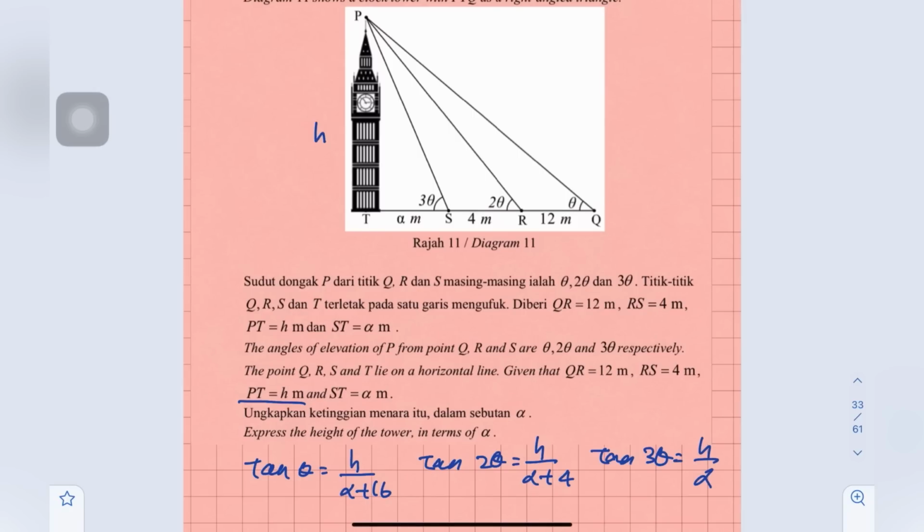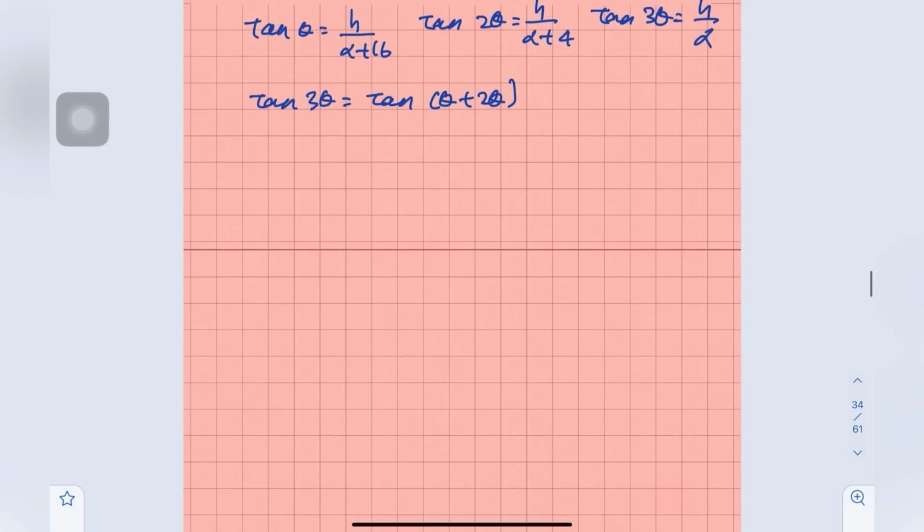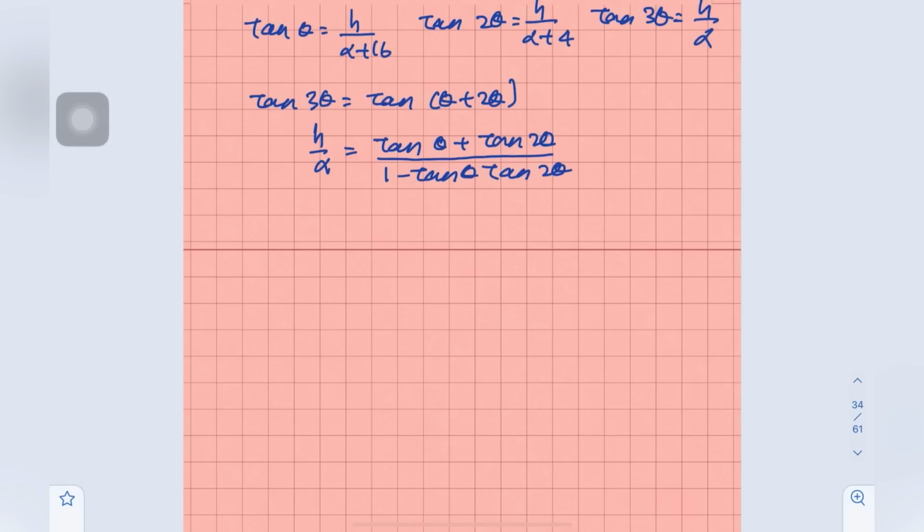Okay, but we know that tangent 3 theta we can separate become tangent theta plus 2 theta. Okay, so then we can substitute tangent 3 theta is H over alpha, and for tangent theta plus 2 theta we can use addition formula for tangent. So tangent theta plus tangent 2 theta over 1 minus tangent theta tangent 2 theta.